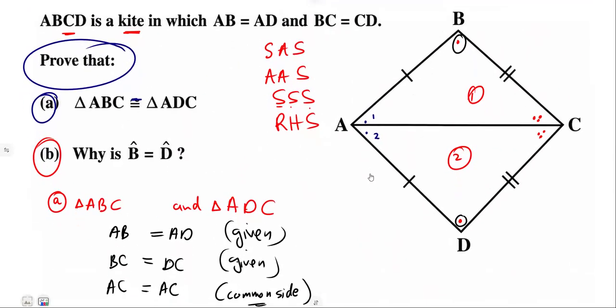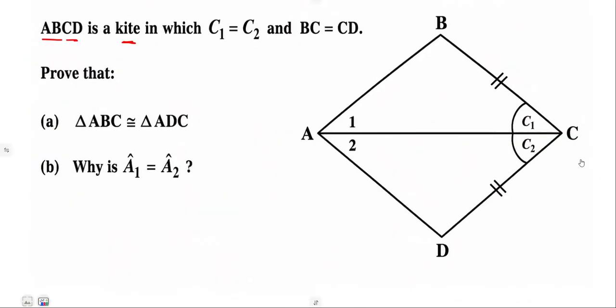We were given that ABCD is a kite, then the sides AB, AD, BC, and CD being the same. Then prove that the two triangles, ABC and ACD, are congruent, which is the same concept as the question that we are going to work on.